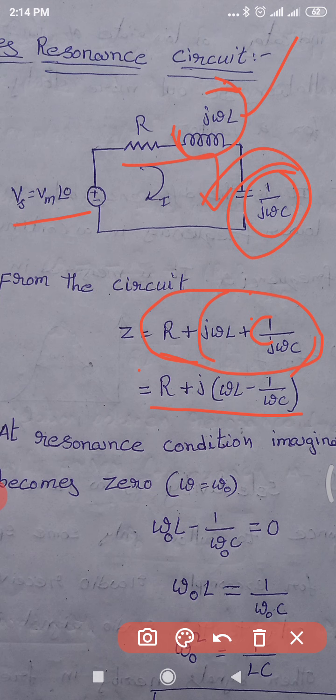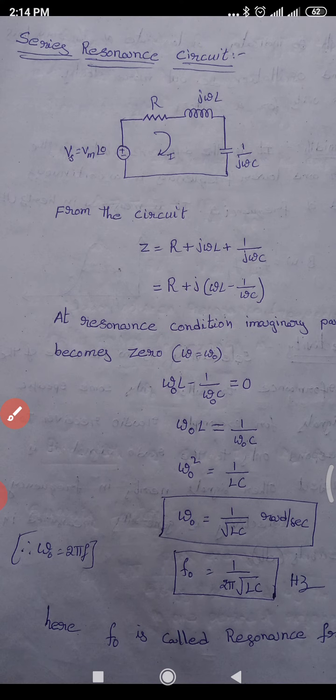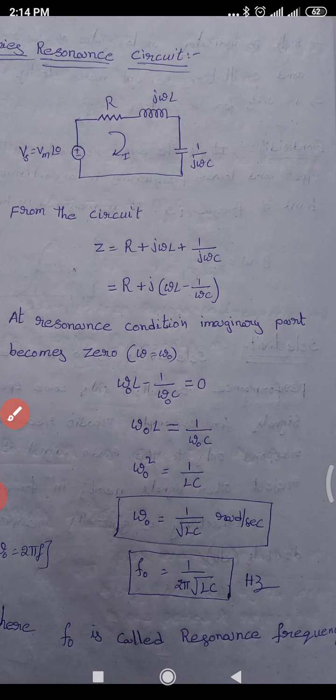So here let us consider the circuit is at the resonance condition. What is the meaning of the circuit being in resonance? It means the capacitive reactance is equal to the inductive reactance, that means XL is equal to XC. In this expression, XL minus XC is entirely the imaginary part.